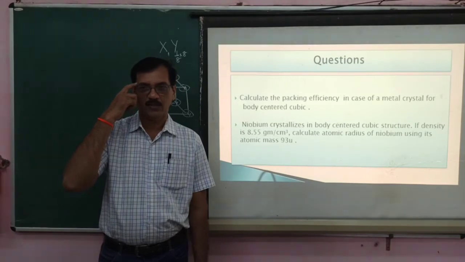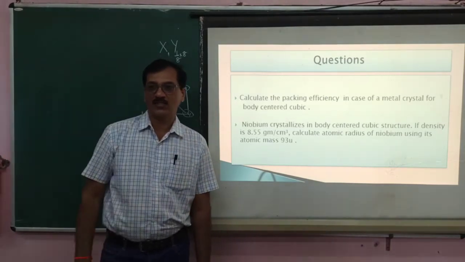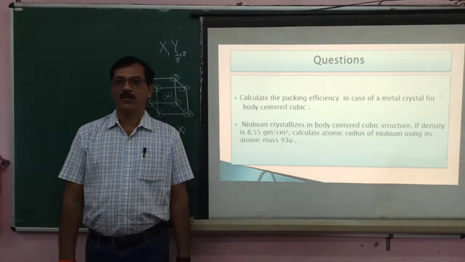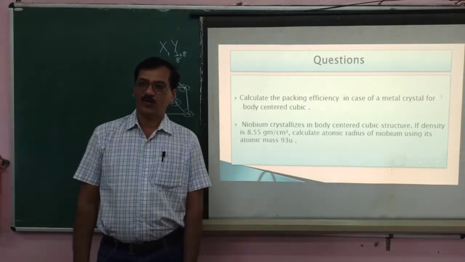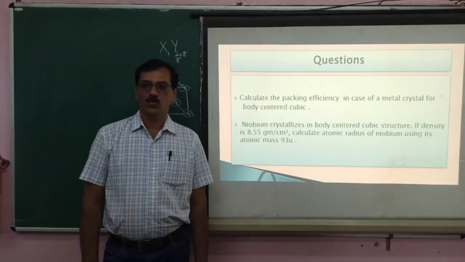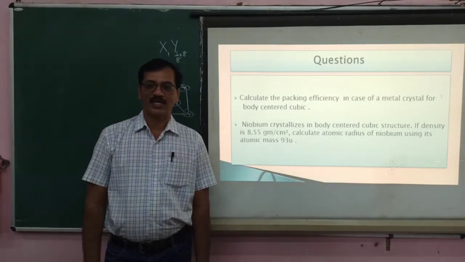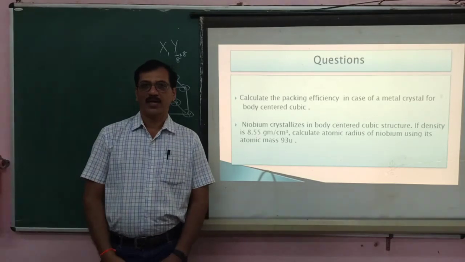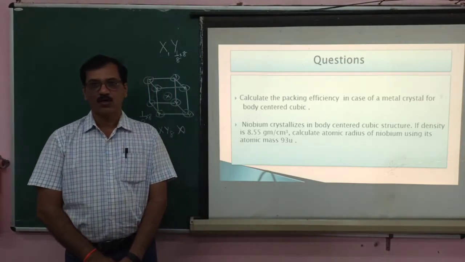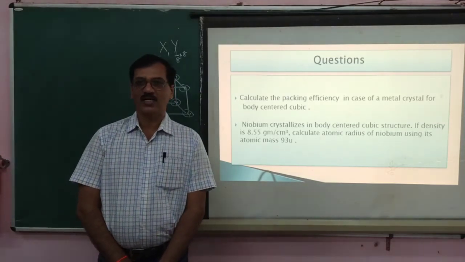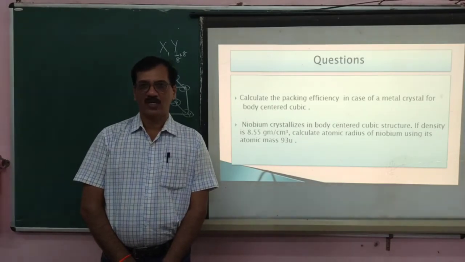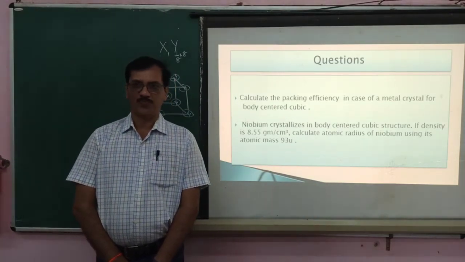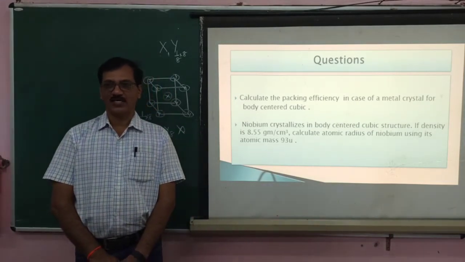Now, niobium crystallizes in a body centered cubic structure. If the density is 8.55 gram per centimeter cube, calculate the atomic radius of niobium, using its atomic mass 93 u. This is based on the formula rho is equal to Z into molar mass divided by Avogadro number into A cube, where A is the edge length.